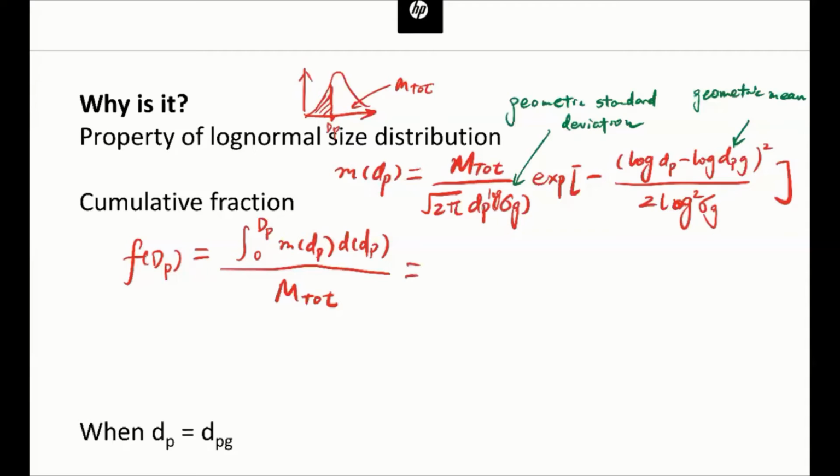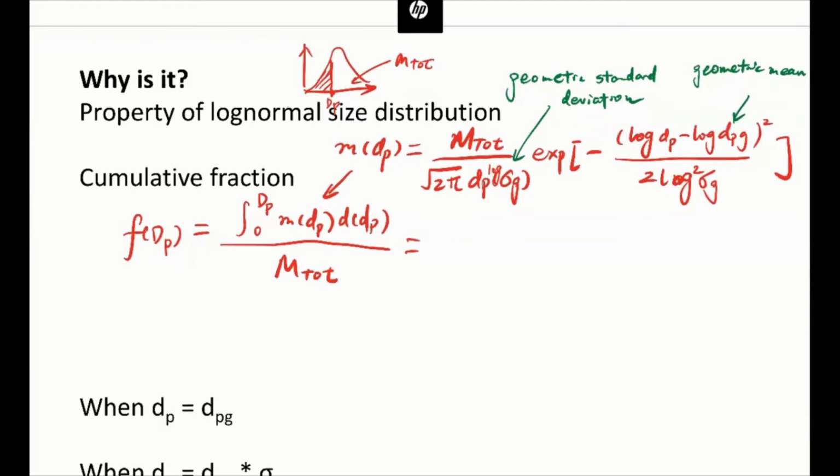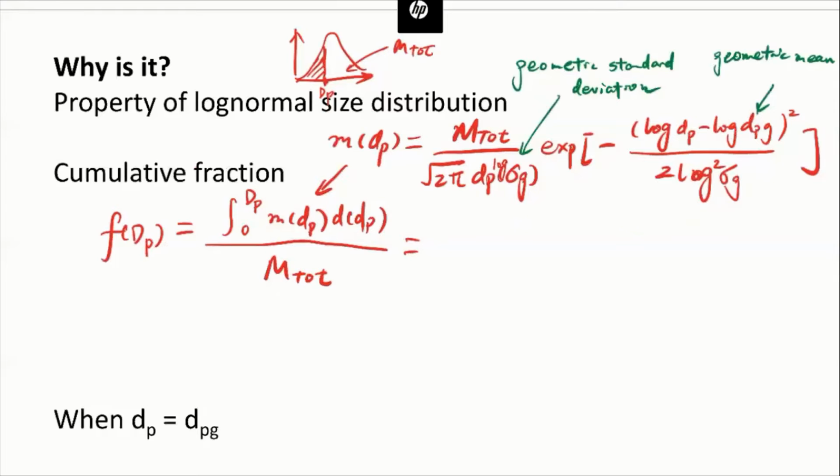If you plug in this equation to the integral, I will just skip it for this class. If you want to know more, again, go to your calculus class.